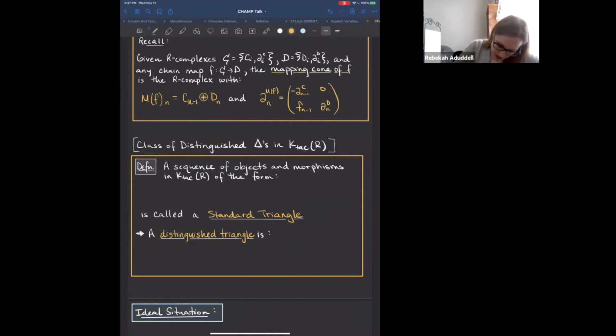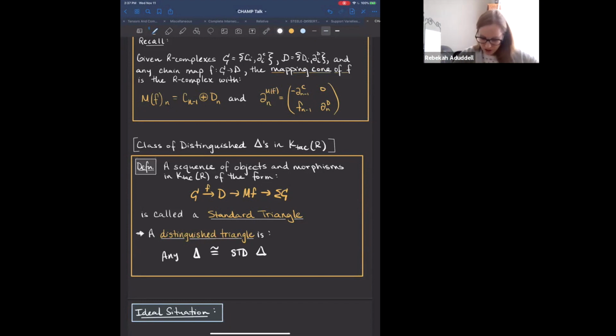But for KTAC, if we have a chain map f from C to D, then the triangle would be made up of the mapping cone of f and then shift C. This is called a standard triangle. Any triangle that is isomorphic to a standard triangle is a distinguished triangle. And this is what makes up our class of distinguished triangles in our category.